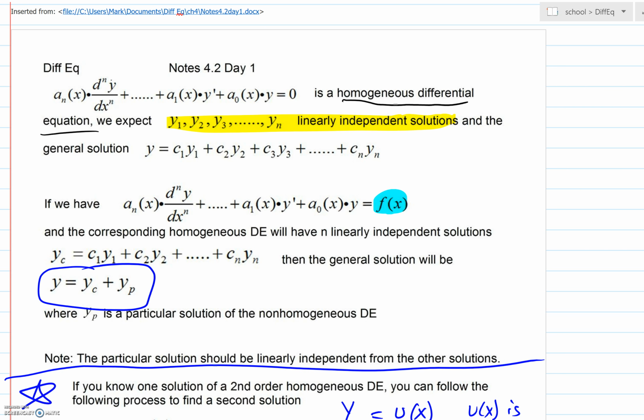The general solution, once you show that they are linearly independent with the Wronskian determinant, would be a combination of C1 times y1 plus a second constant times y2, continuing to add those all the way up to your nth solution. So again, this is for a homogeneous differential equation where the right side is 0.